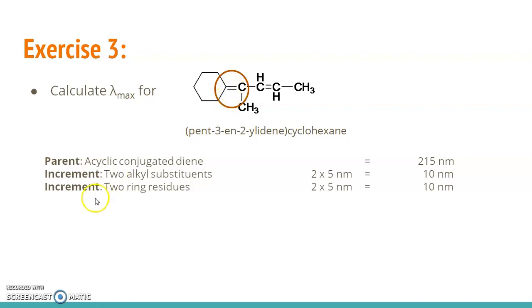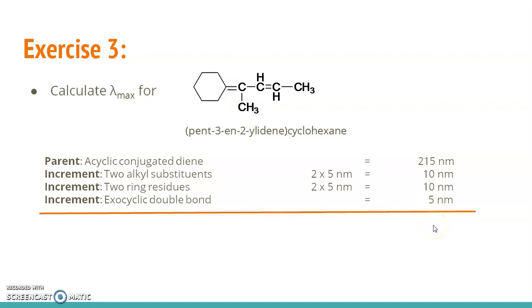This portion I will assign as an increment for an exocyclic double bond, which is 5 nanometer, and there is no additional increment left out. So let's sum up all these values to get the calculated value as 240 nanometer, and if you see the observed value, it is 242 nanometer. So it is not differing much, only by 2 nanometers.